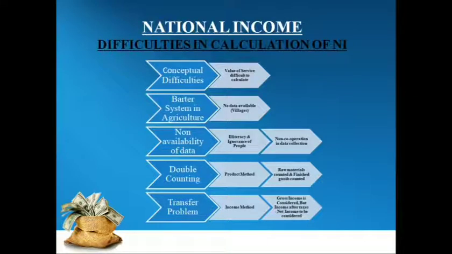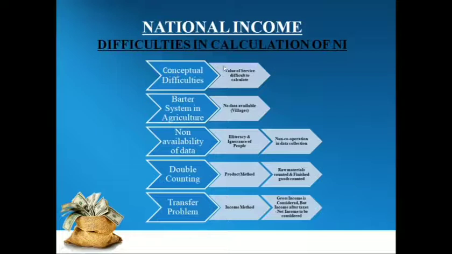So what are the difficulties in calculating national income? In India, basically, the following are the difficulties. The first one is conceptual difficulty. In the product method, we calculate the sum total of goods and services produced in a country.